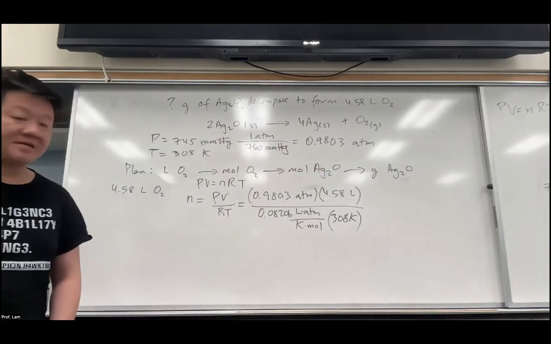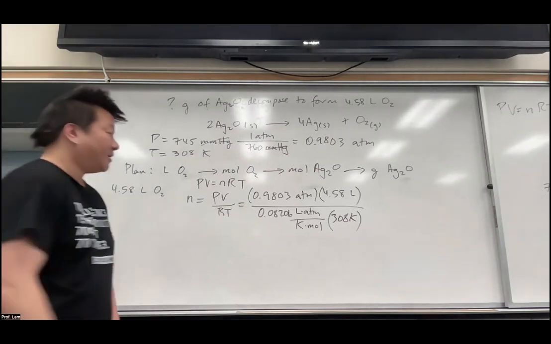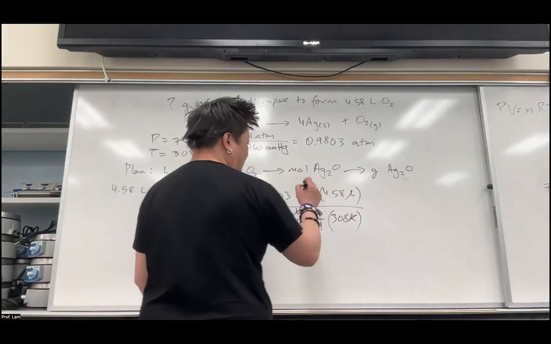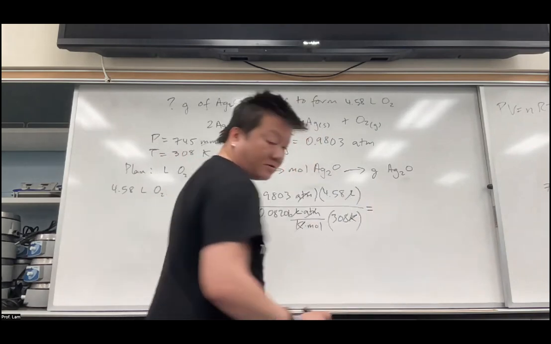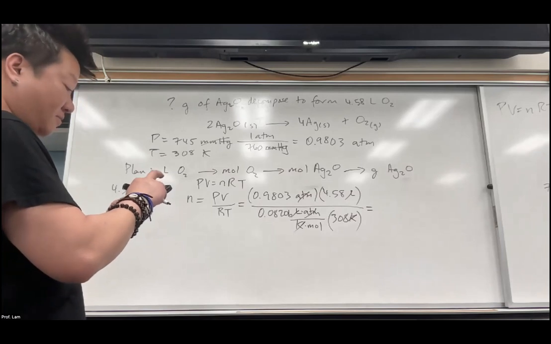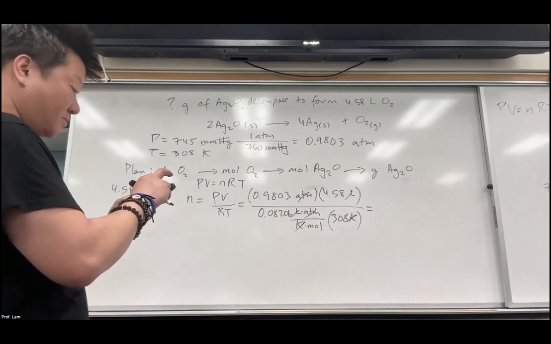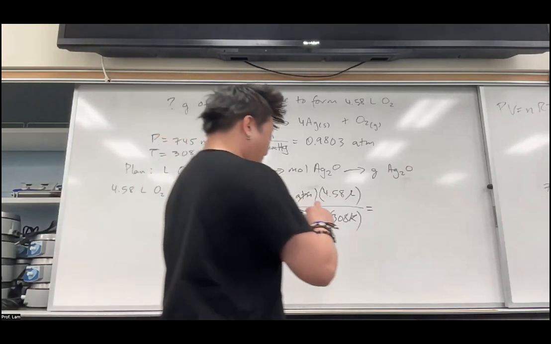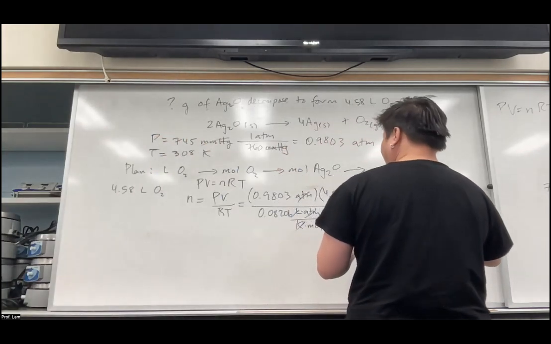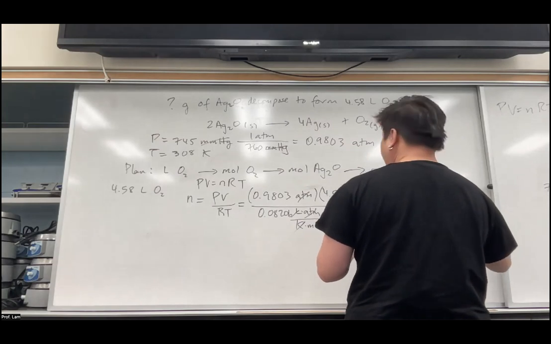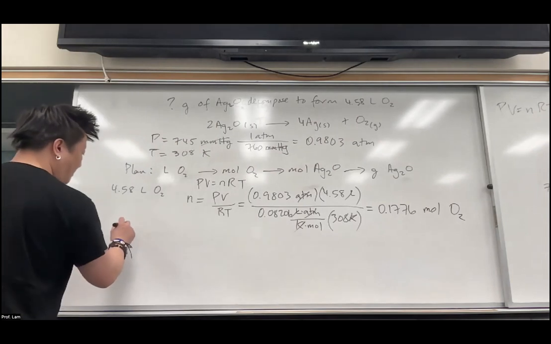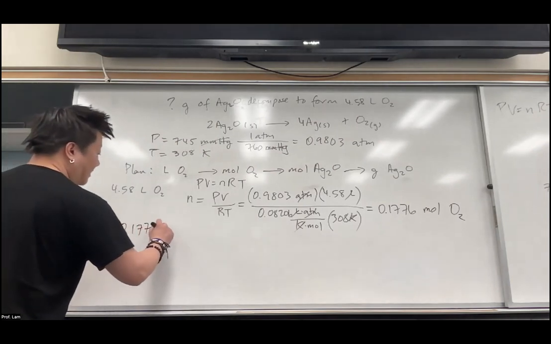You'll see the setup there, right? To get us the moles. So that ATM will cancel, liters will cancel, Kelvin will cancel. It's 1 over 1 mole. So 0.1776 moles of O2. And now we can continue, right?